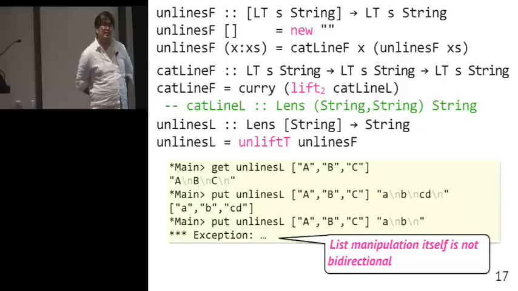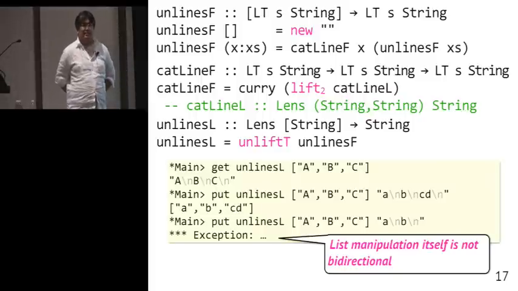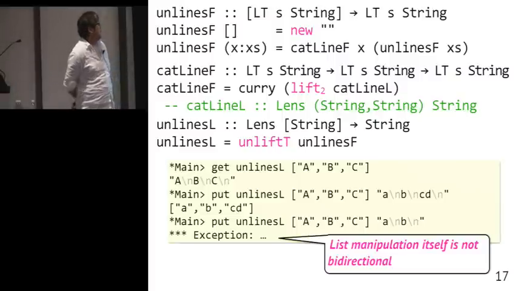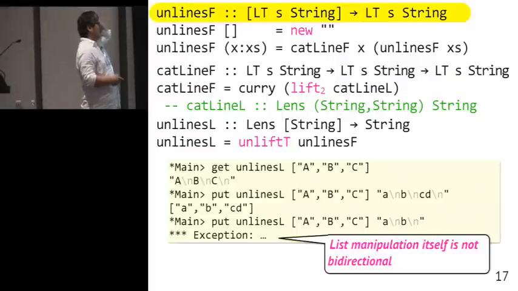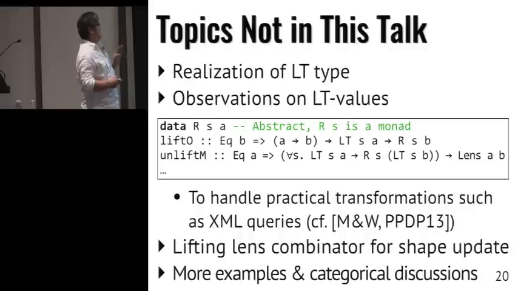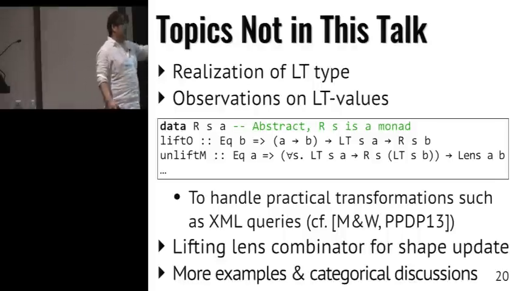If you could write a function of type LT of list of string to LT string, would that allow you to change the shape of the list as well? Yes. In the paper, we include such a discussion. To do so, we lift the length combinator also.